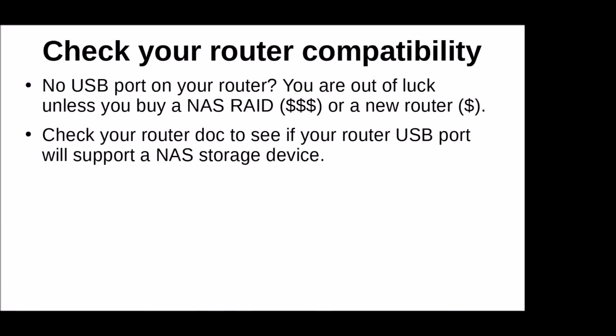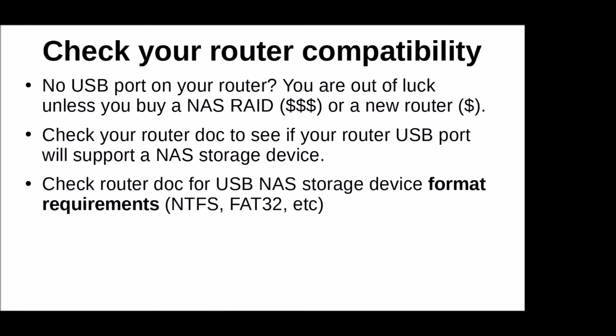Check your router docs to see if your router USB port will support a NAS storage device. If it does, it will specify the format of the NAS storage device, because they don't support every possible way of organizing information on a flash drive or a hard drive or a solid state drive. So you may find that they list a couple of options.